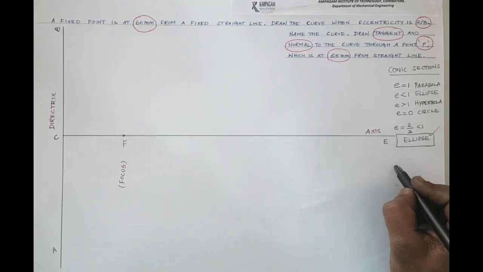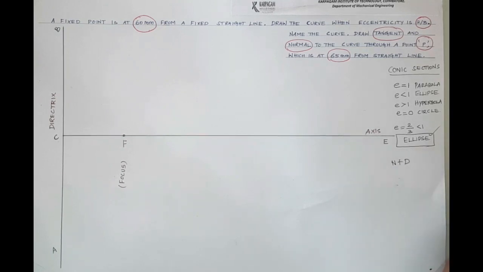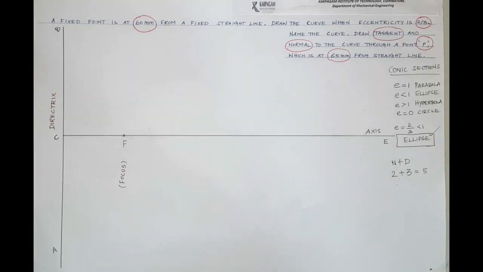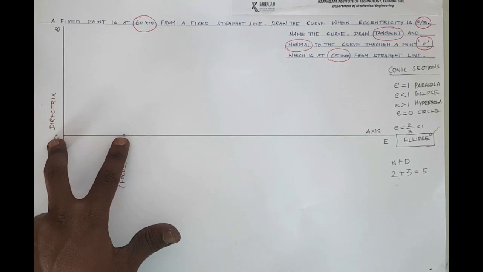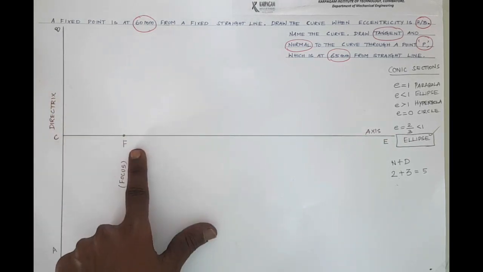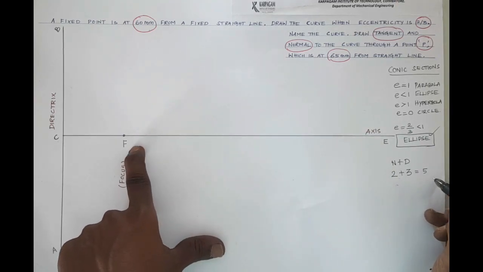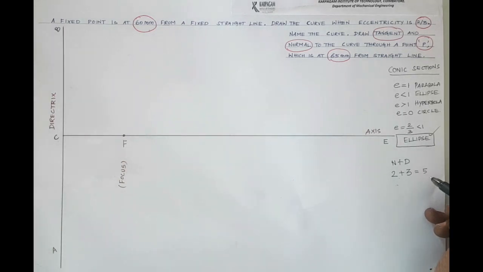Add the numerator and the denominator of the eccentricity value. The numerator is 2 and the denominator is 3, so the sum will be 5. The distance between the directrix and the focus should be divided into a number of equal parts. How many equal parts? That number can be fixed by using this eccentricity value.